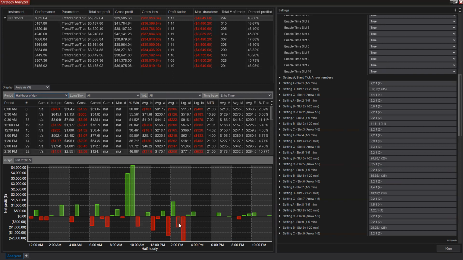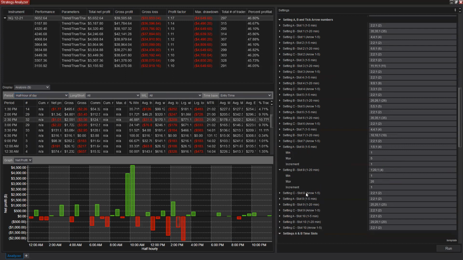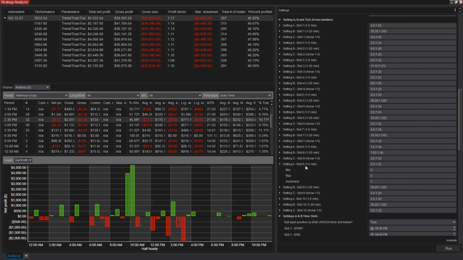Okay, let's go and optimize this slot over here, which is 2:30 to 4 p.m., which is again slot number 8. And you can go and optimize these values. So you can go 1 to 5. Oh, we just did that. Okay, let's have a look at slot 9 as an example.